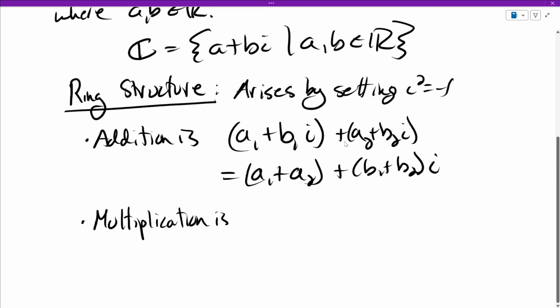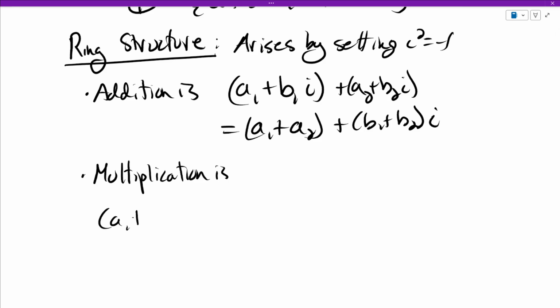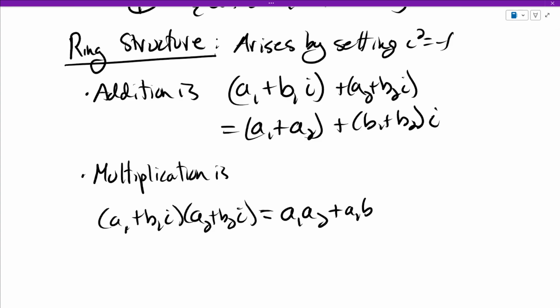Let me scroll down a bit more. So a1 plus b1i times a2 plus b2i is, all right, so what do you have to do? Well, there's a rule that I could write down, or we could just multiply it out. So if we FOIL, we get a1a2 plus, and then assume that multiplication of real numbers and this symbol i commute, a1b2i, a2b1i, and then b1b2i squared. But i squared is -1.